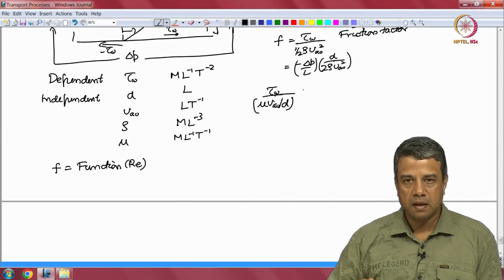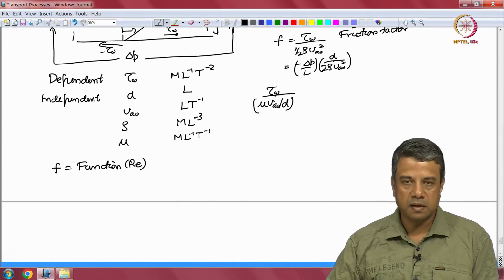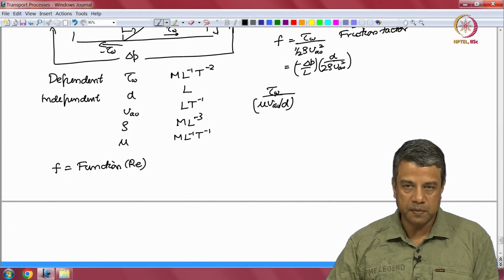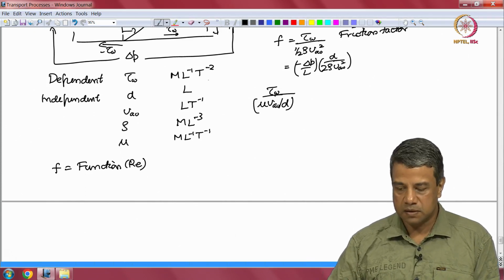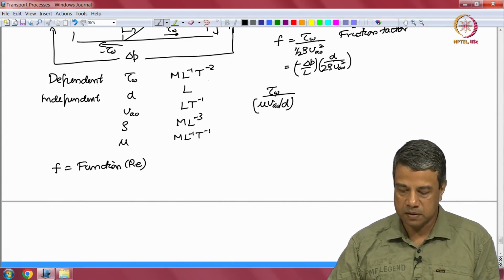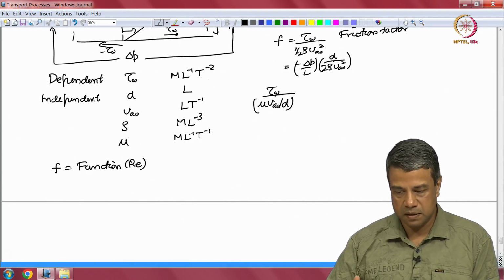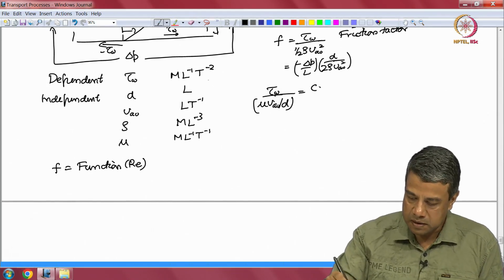When inertia is not a parameter, you can get only one dependent dimensionless group. There is no independent dimensionless group because density, inertia, is neglected. So, density is 0. There is only one dependent dimensionless group, which is tau w by mu V average by d. This has to be a constant.